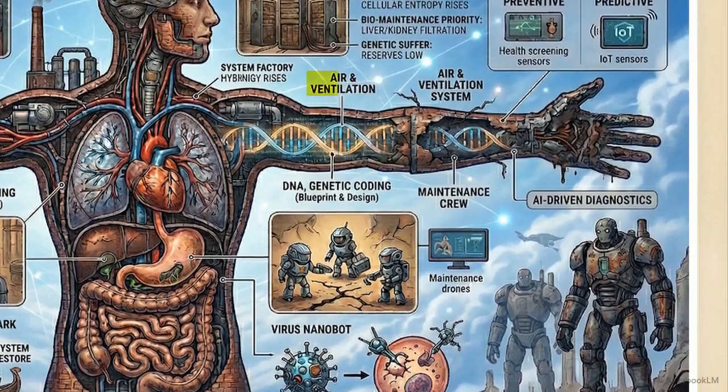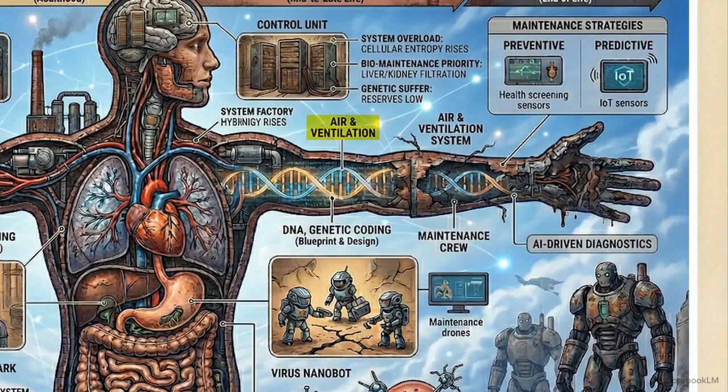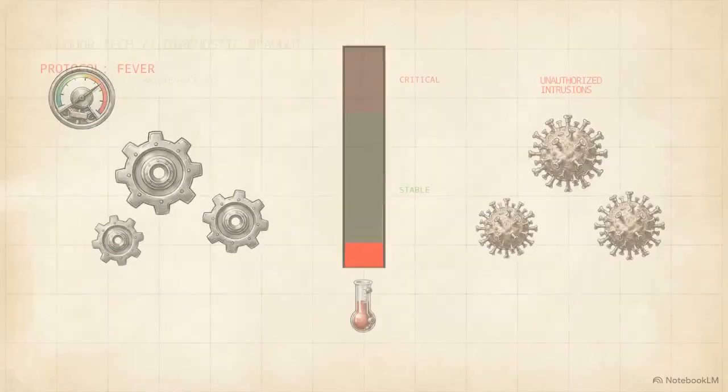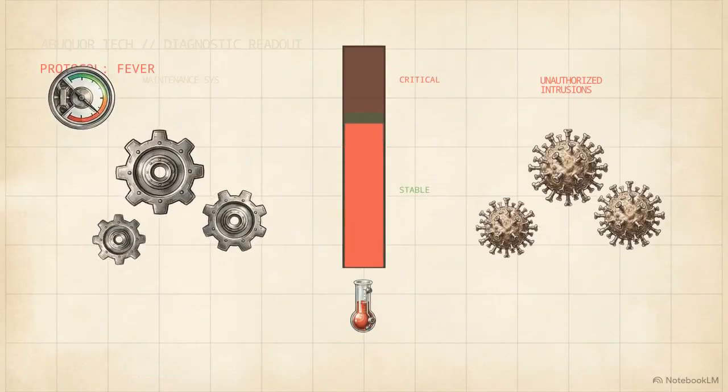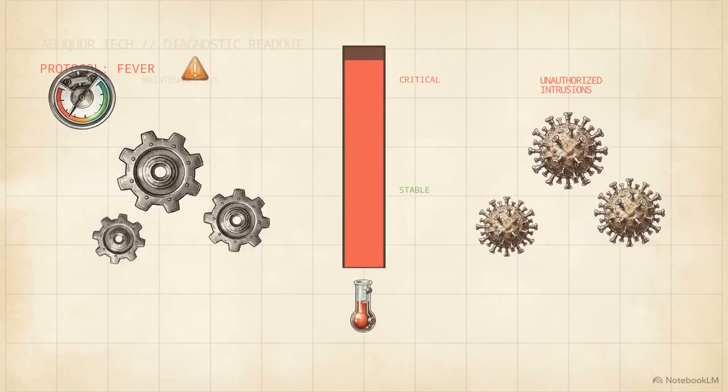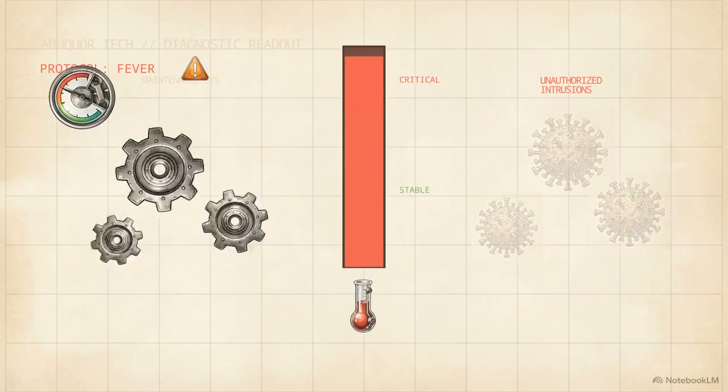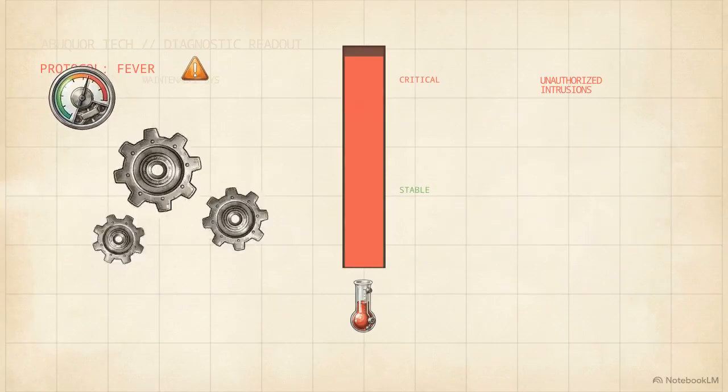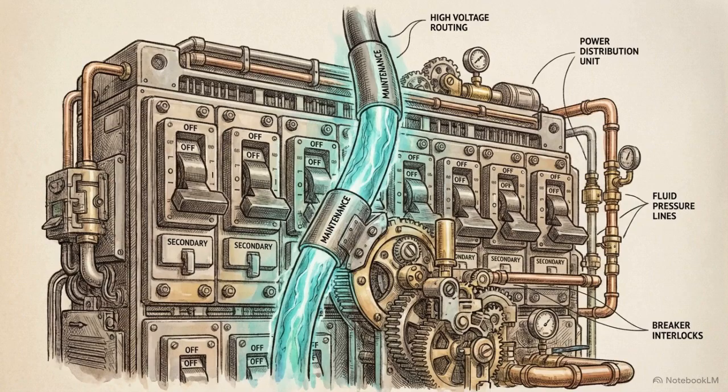A fever is a deliberate increase in the facility's thermal load. This higher thermal setting optimizes biochemical repair reactions while simultaneously disabling external, unauthorized pathogens. This requires the facility to shut down secondary production lines, causing the sensation of fatigue, to reroute emergency power to the maintenance crew.